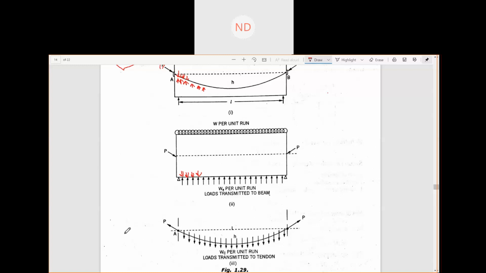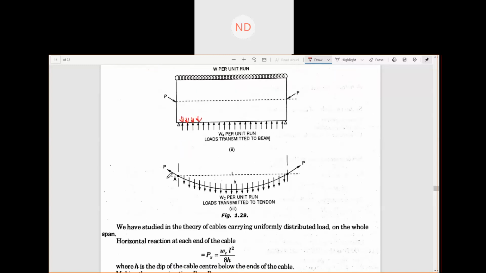Now we already know from the theory of cables, which carry a uniformly distributed load on the whole span, that the horizontal thrust is given by Wc L square by 8h, where h is the dip of the cable at the center.